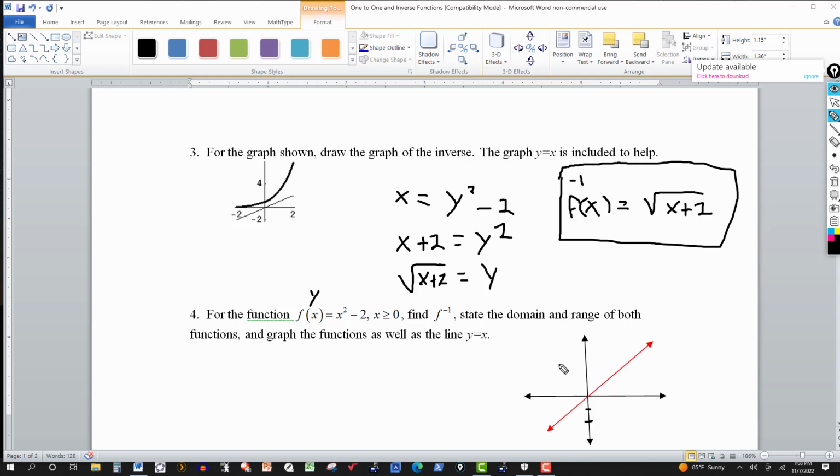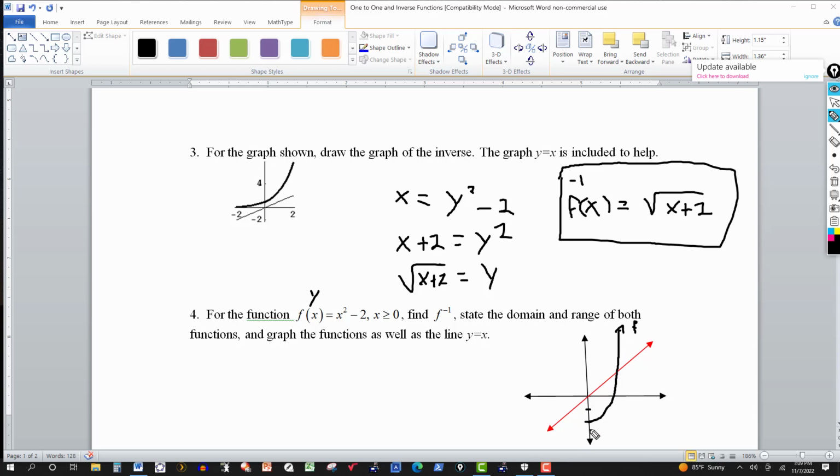It goes like this and then up. But because the domain is greater than or equal to 0, we only want the right side. So instead of this graph, we take this graph here. It goes like that. So that's f.